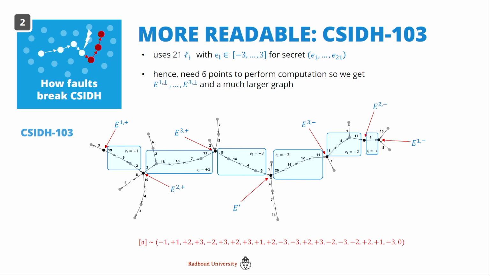And you can actually see then in the secret key that the second coefficient is +1, and the 9th one is also +1, and the 19th one is also +1. And then the -3 at the 20th position, for example, well, you see it also appearing between E prime and E3 minus. And that's how you recover this secret key.